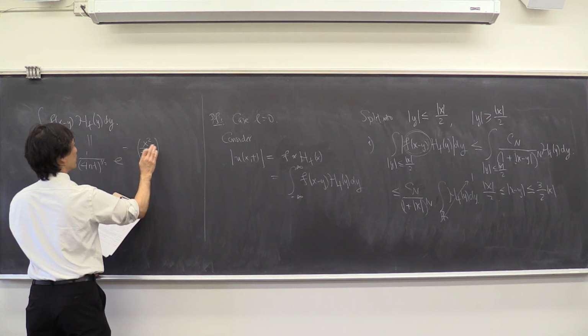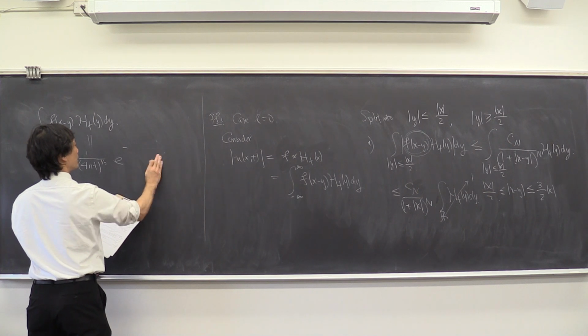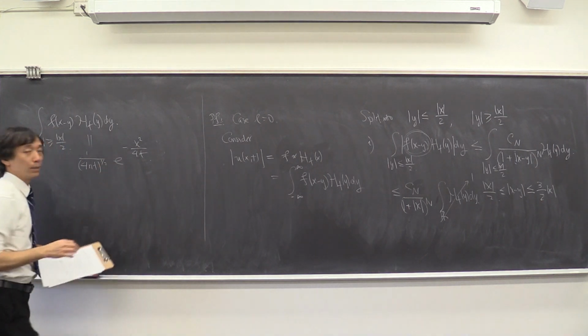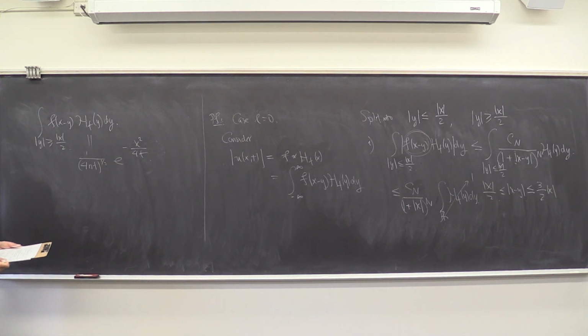Oh, that is right. Okay, so e to the negative x squared over 4t.